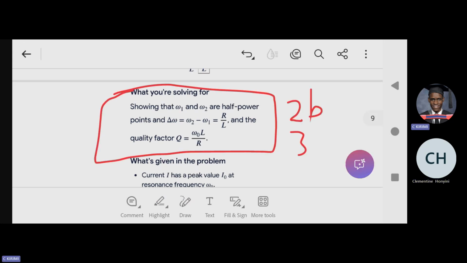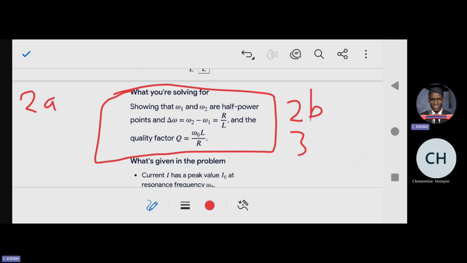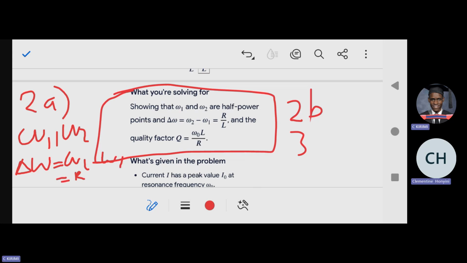So question number 2A was having 2 parts. Show that W1 and W2 are half power points. The power at W1 and W2 is half power point. And also show that the change in W, which is W2 minus W1, is equals to R over what?